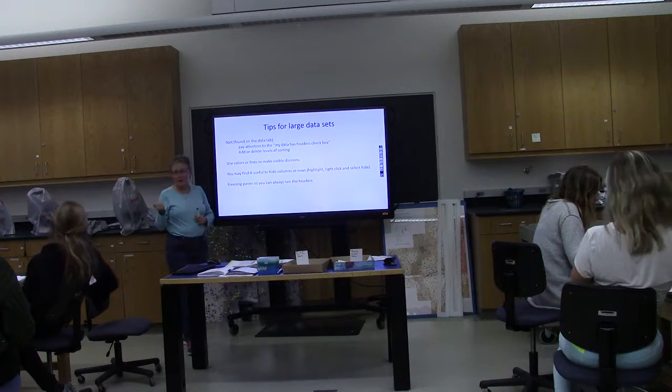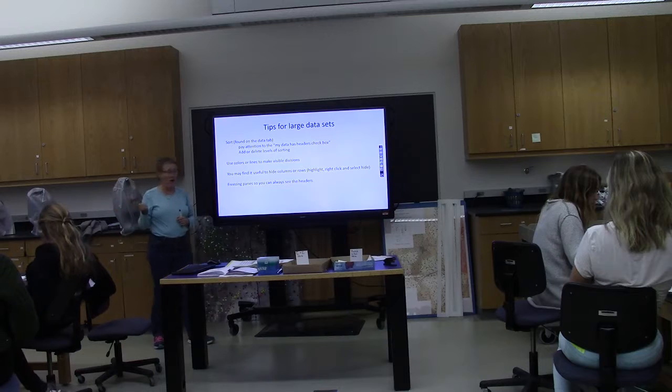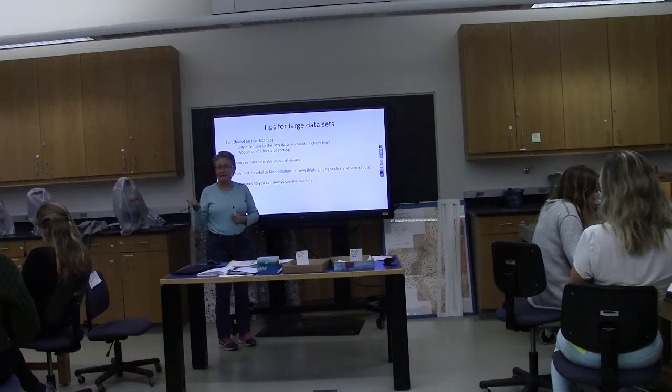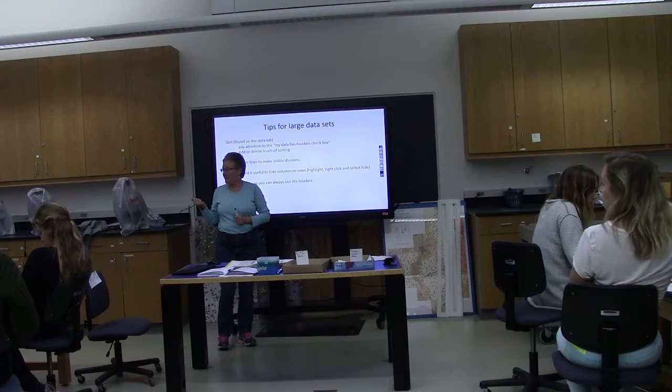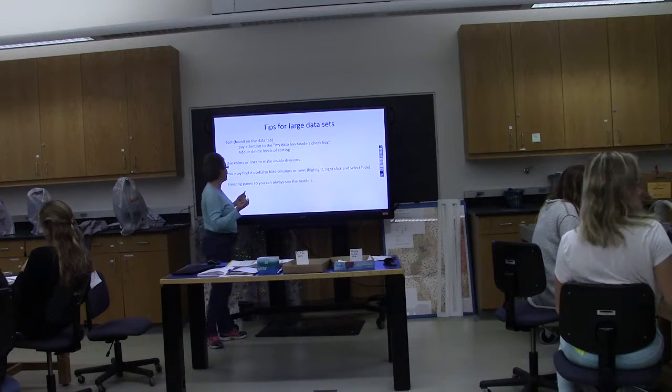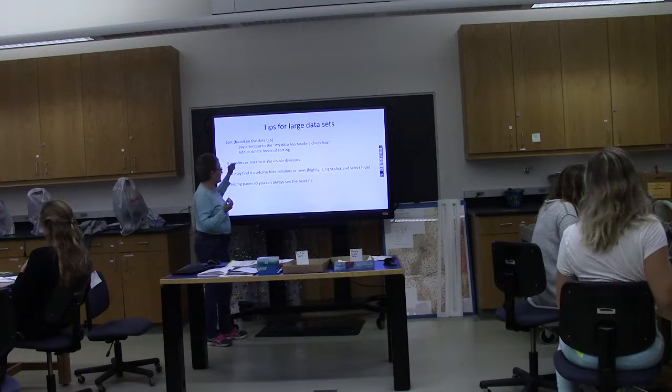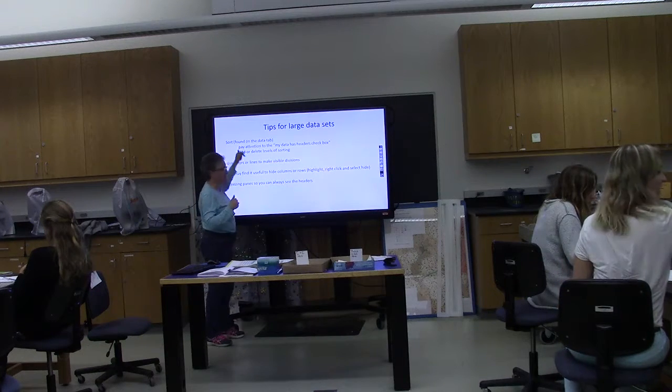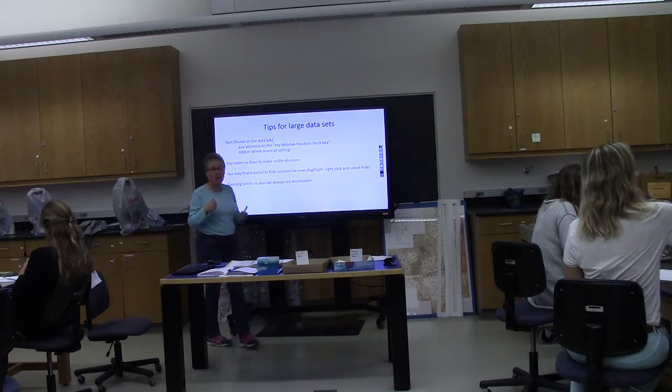Even though we've done a lot to clean up the data, it's still a big data set. So that's some tips that we've put together for manipulating, working around a large data set. One of the things, we have done the sorting for you, but at some point in the future, you're going to need to know how to sort data.